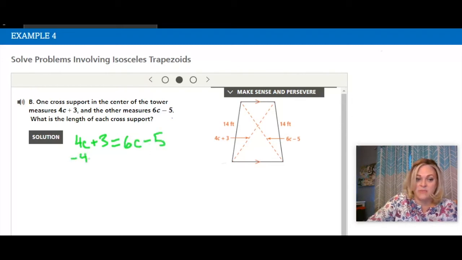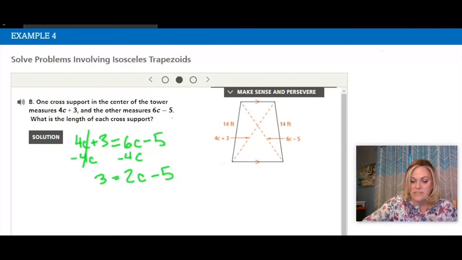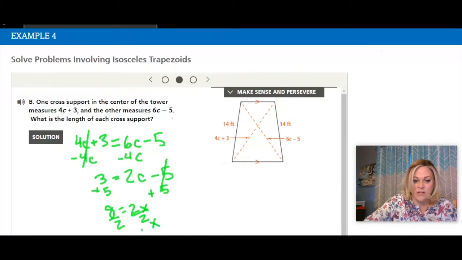I'm going to subtract 4c on both sides, so I would have 3 equals 2c minus 5. Get c by itself: add 5 to both sides. 8 equals 2c. Divide by 2 on both sides, and you should have that c equals 4.